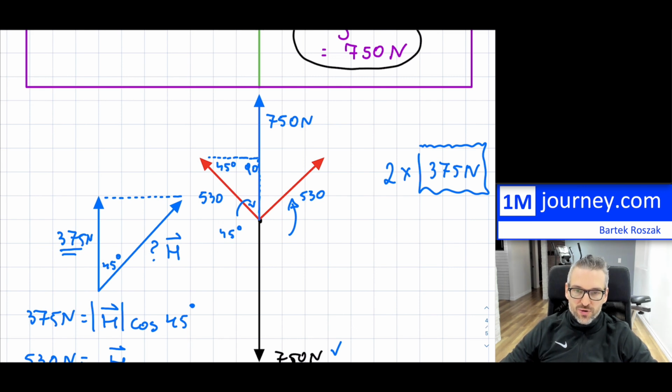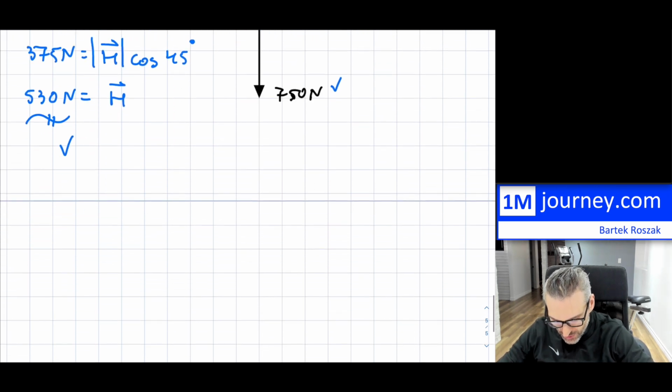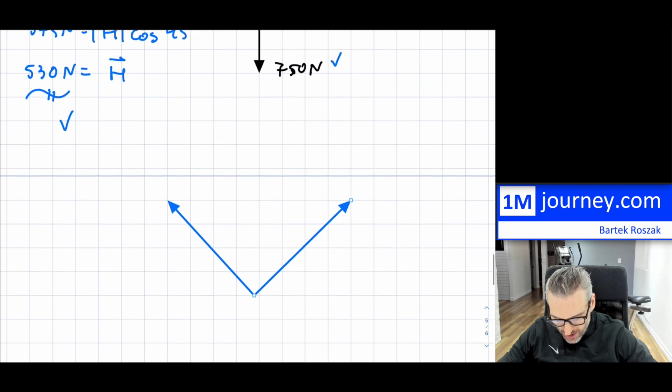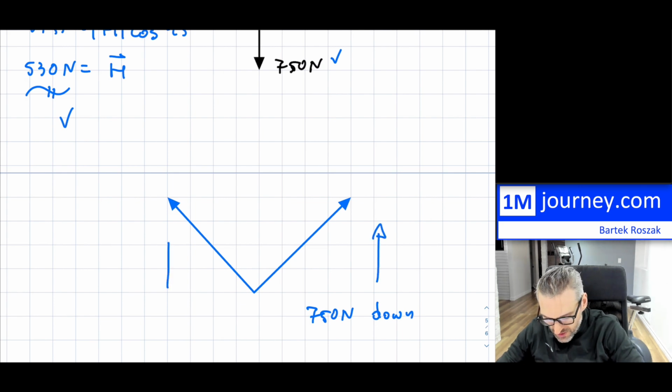You do have a horizontal one, but because you're spreading the forces across 2, as you're going in this direction and in this direction, the y component, so the 750 newtons, which is down, is being canceled off by these two vertical ones, which are 375 newtons, 375 newtons.